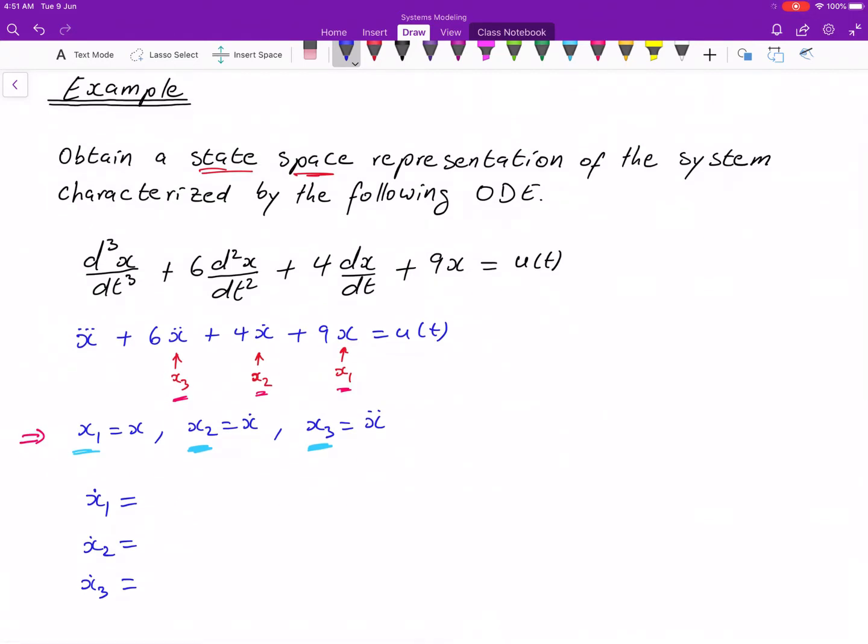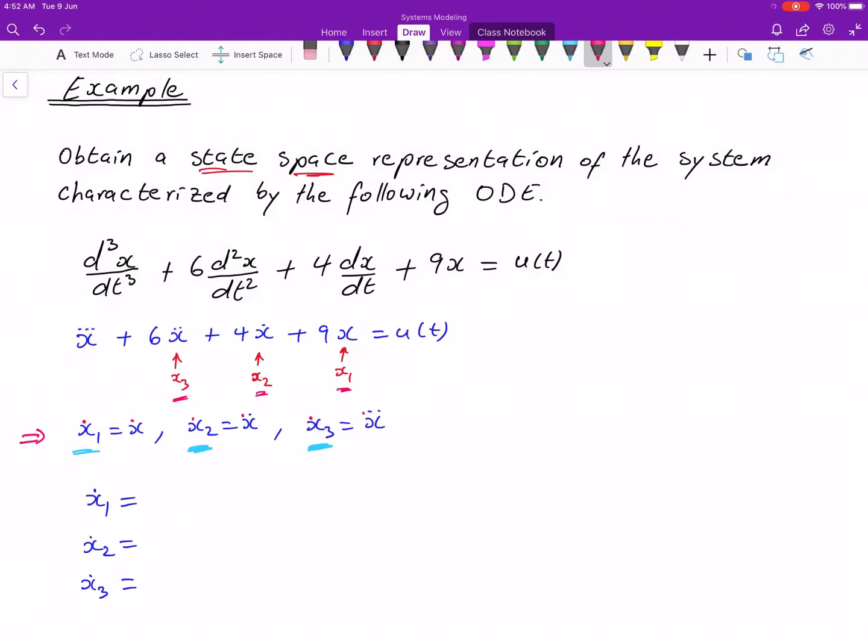Now, when we look at this equation, we say that x1 was x. The easiest way to find x1 dot is, using a different color, to put a dot on each of them.